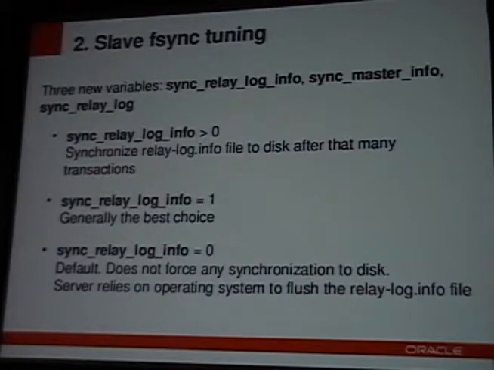Yes? Does setting that to 1 make you crash safe in replication, or nearly? Nearly. There's still a small window. Actually, I don't know if I said it the wrong way. This is what has been applied on the slave. So there is a small window between when you actually applied it and when you update this file. So there is a little bit of a window where you still could have a problem.